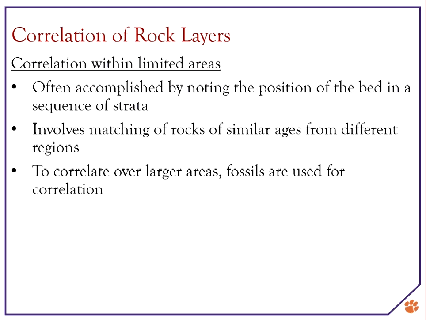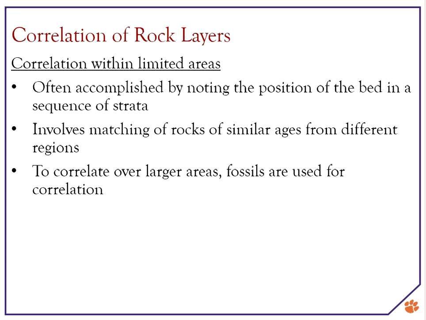Correlation within limited areas is going to be quite easy by using the relative dating principles. Often we can accomplish this by noting the position of the bed in a sequence of strata, and by following which layer is coming after which other layer, we can correlate those materials being close to each other.